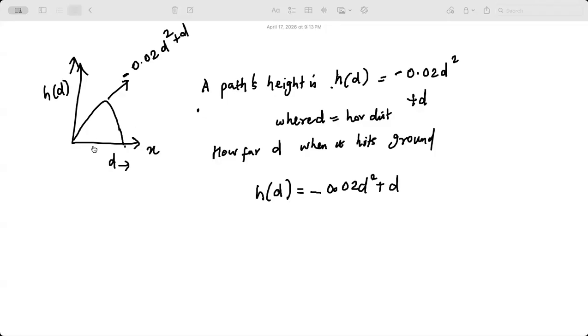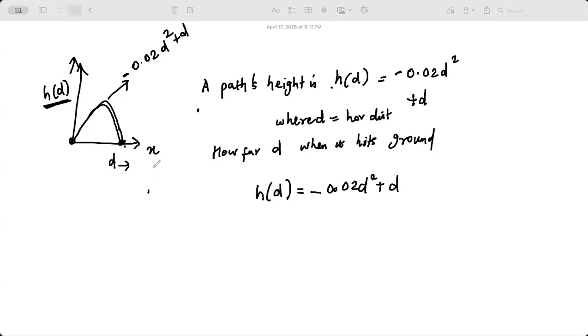A path goes up and comes down. What will be the path's height? Try to recollect and tell me. I'm drawing a graph between the distance and the height. The path goes up and comes down. Now what will be the value of h here and here?